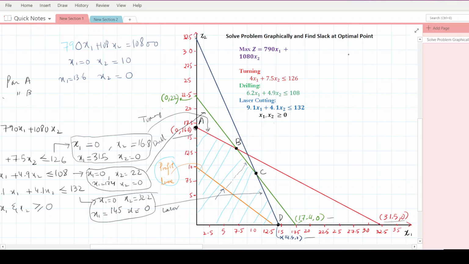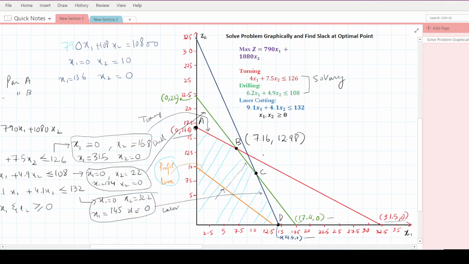To find point B, which is found by the turning and the drilling, we need to solve these two equations simultaneously. I have not done the maths here, and I think you can do it by yourself. When I solved these two equations, I got the coordinates for B as 7.16 and 12.98.